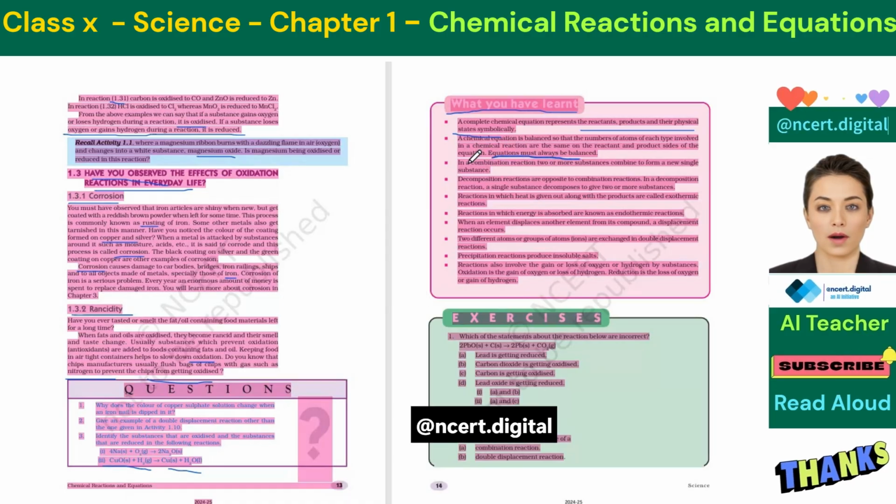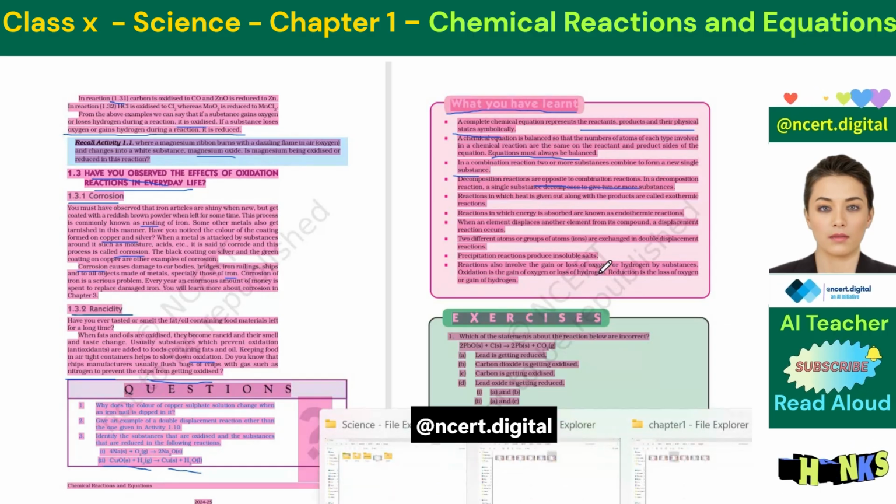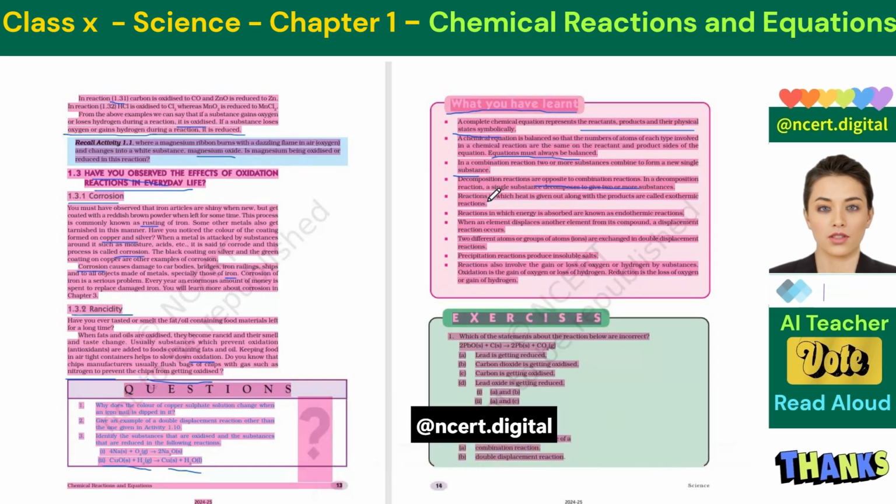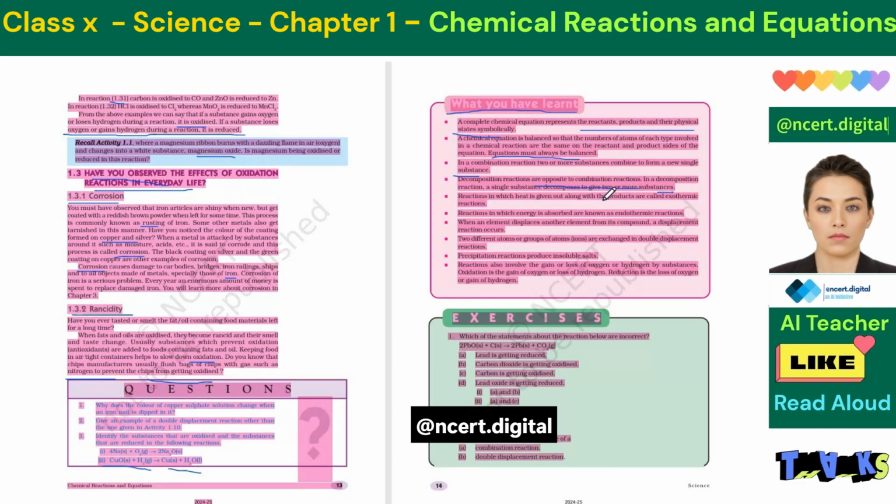In a combination reaction, two or more substances combine to form a new single substance. Decomposition reactions are opposite to combination reactions. A single substance decomposes to give two or more substances.